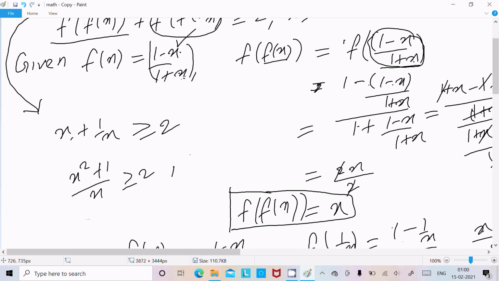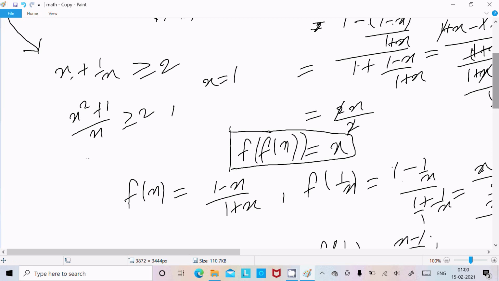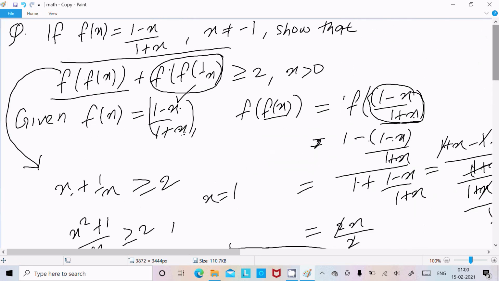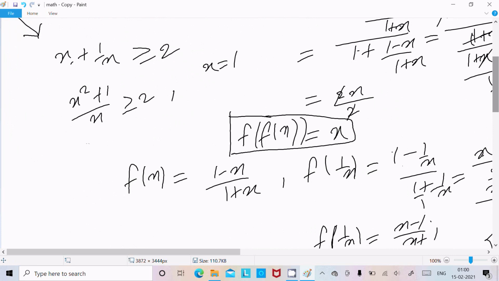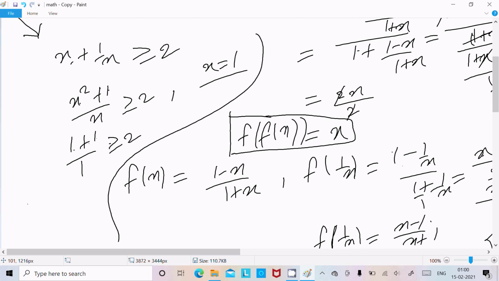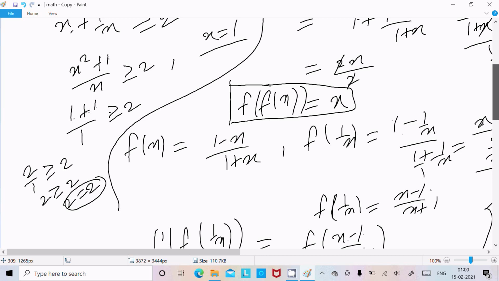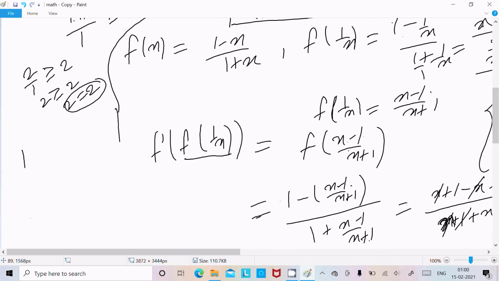If I put x value as 1, because here the question gives x greater than 0, then 1 square plus 1 below 1 is greater than or equal to 2. So 1 plus 1 comes 2, divided by 1, greater than or equal to 2. So 2 equals 2, or we can write 2 greater than or equal to 2. So it satisfies the condition, so here it's a proof.